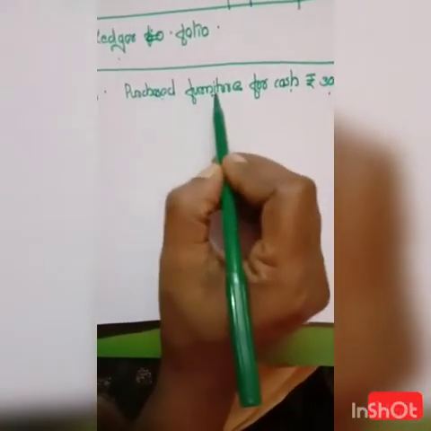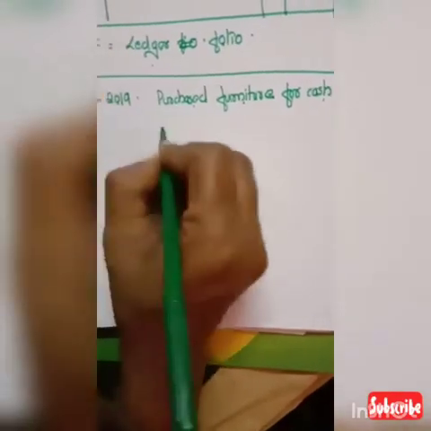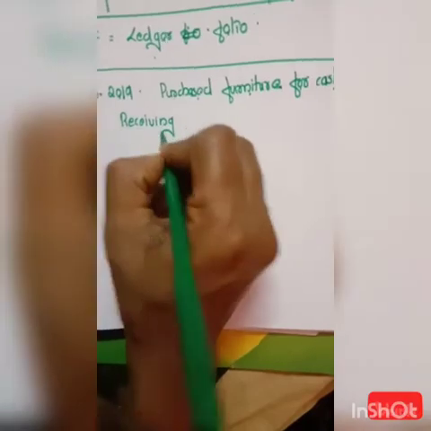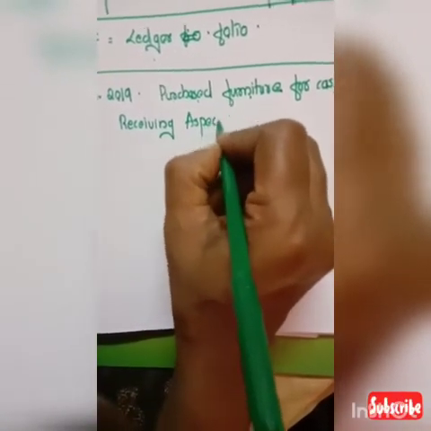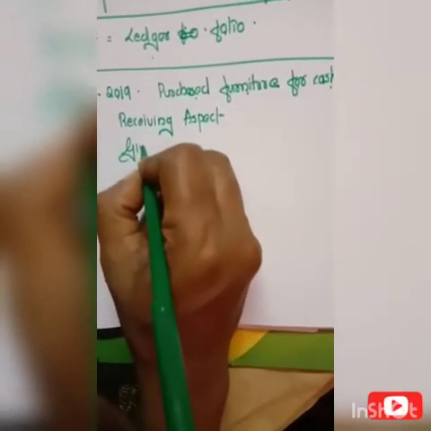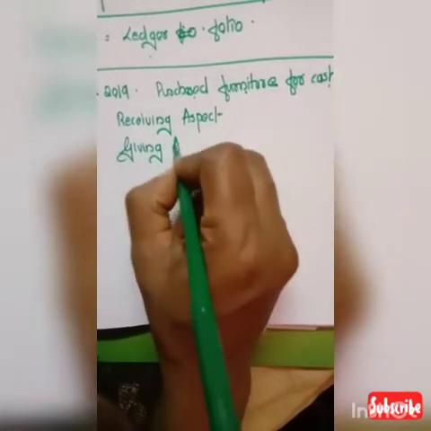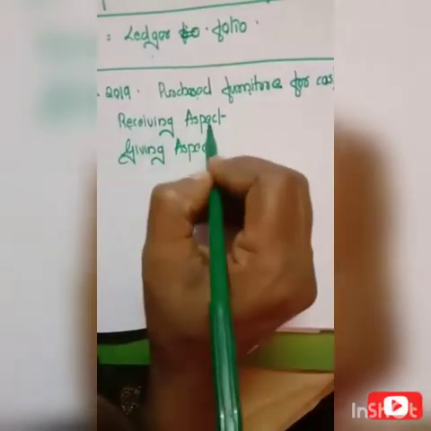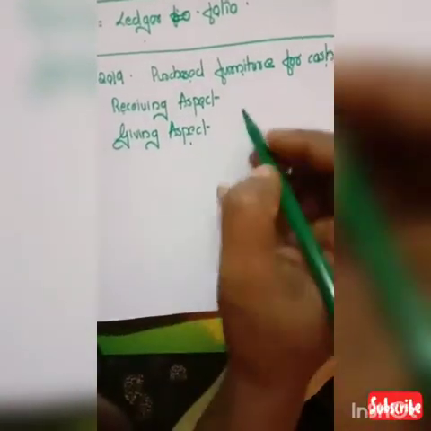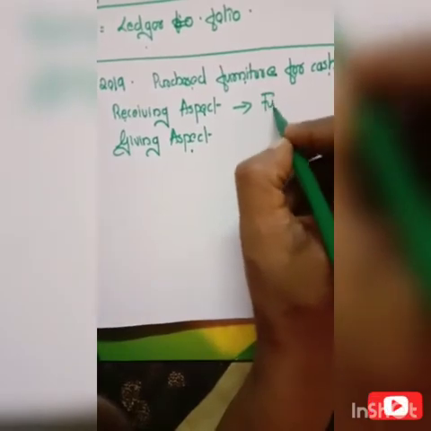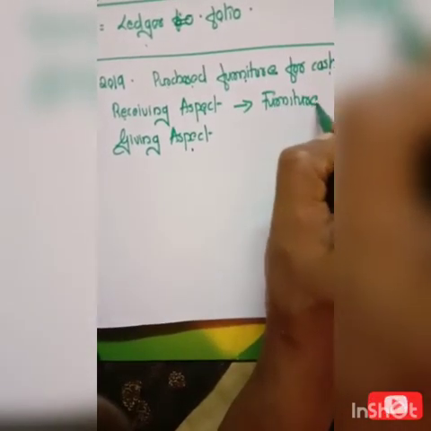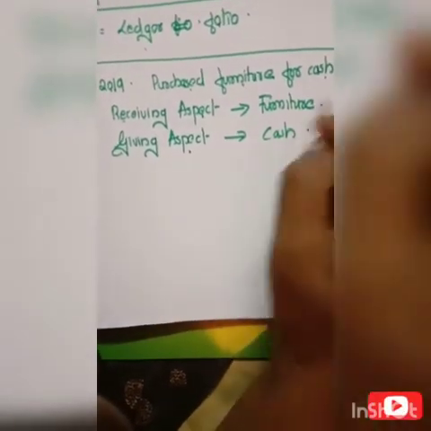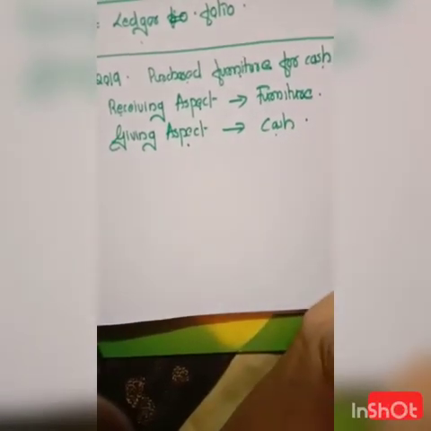Therefore, two aspects are there, that is the receiving aspect and the giving aspect, in this transaction. One receiving aspect is there and one giving aspect is there. The receiving aspect is furniture and the giving aspect is cash.